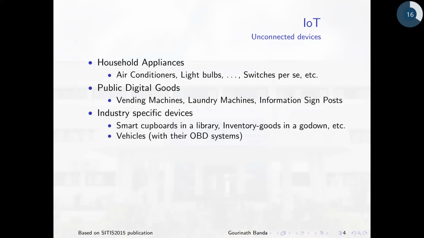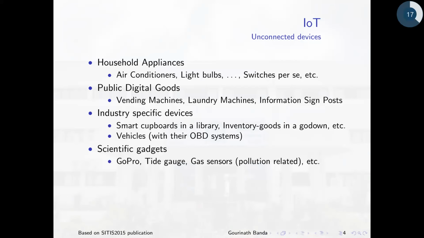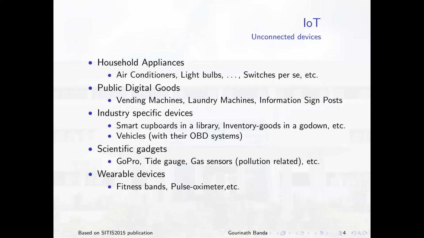Like that. You have got industry specific devices such as smart cupboards in a library, inventory goods in a godown, vehicles with onboard electronics and diagnostic systems, scientific gadgets such as GoPro. These days Ray-Ban is working with Facebook to make certain smart glasses. Wearable devices such as fitness bands. You can see Fitbit or Google Watch is also having these fitness devices.